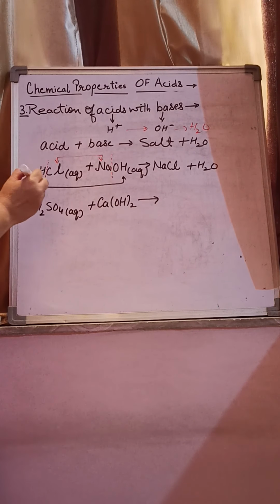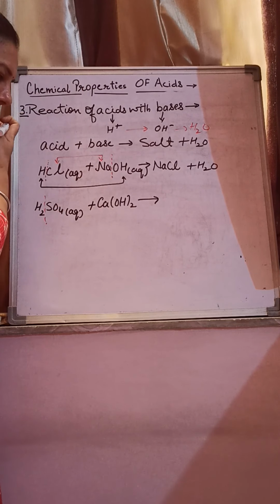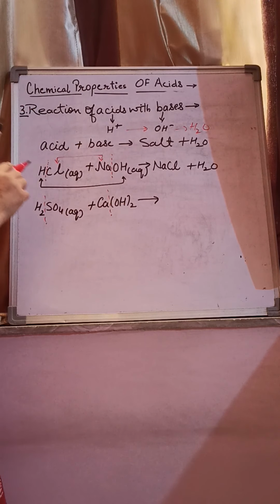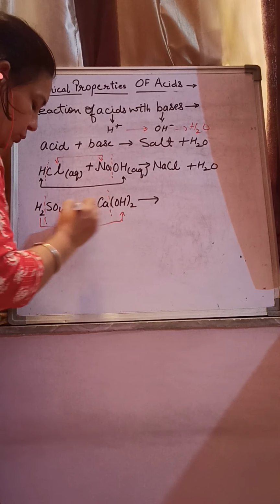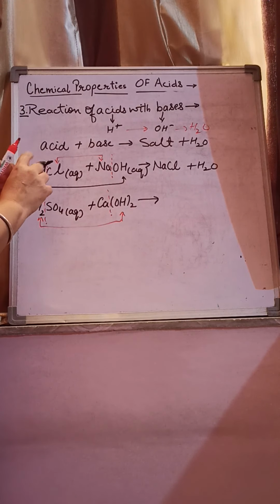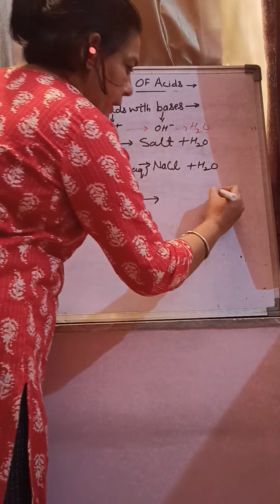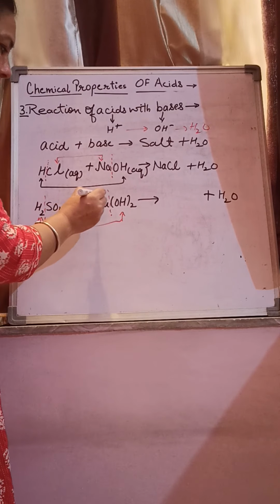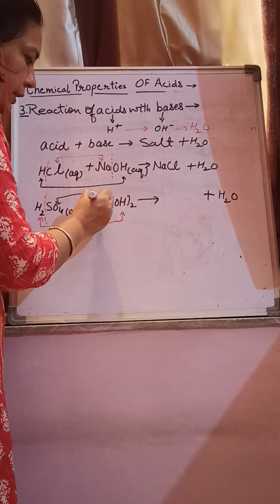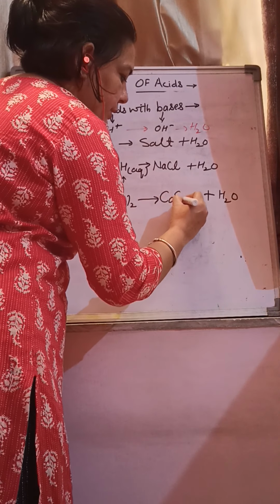Again the same trick I will follow. Divide it into two parts, attach H plus ions with OH minus ions, there is a formation of water, H2O, and Ca reacts with the sulfate ion and there is a formation of calcium sulfate.